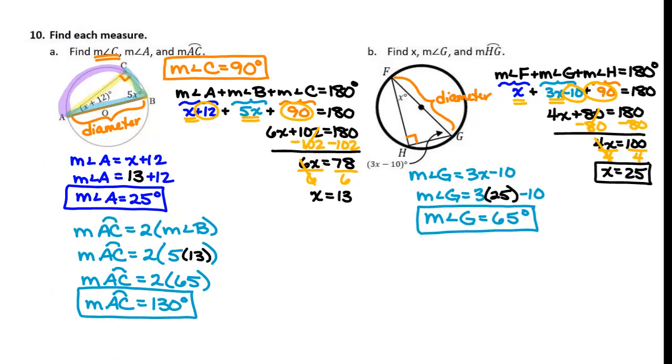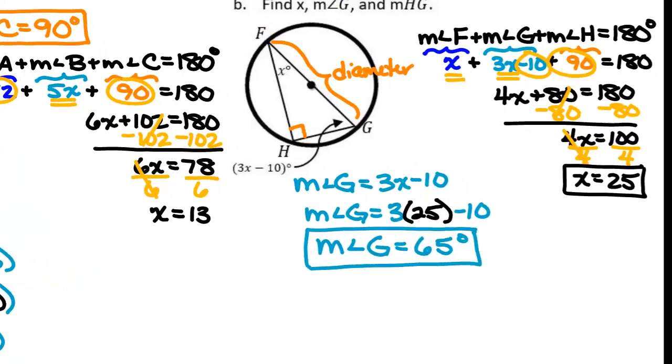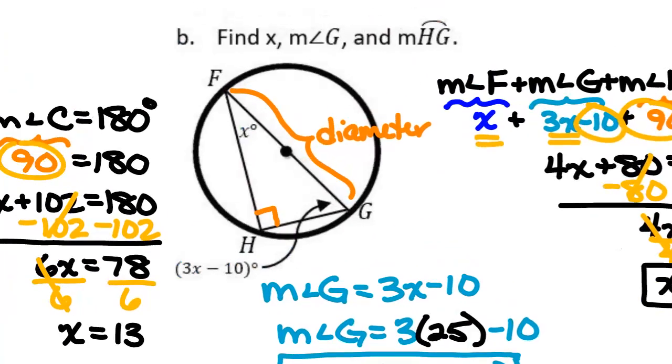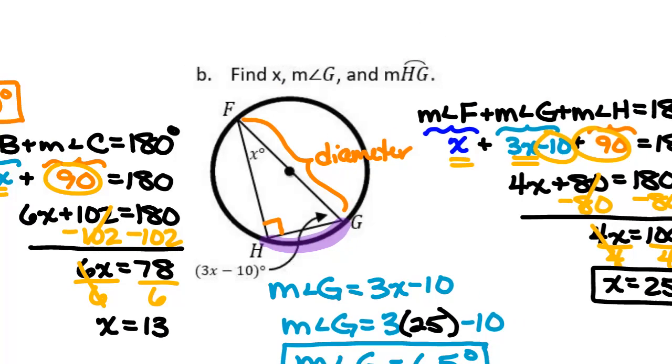And then we still need arc HG. Arc HG is this arc right here. What is the angle that's intercepting that arc? It's intercepted by angle F, yes.